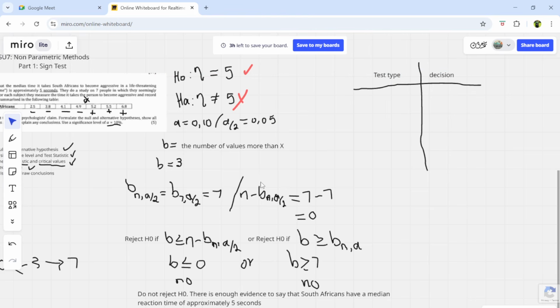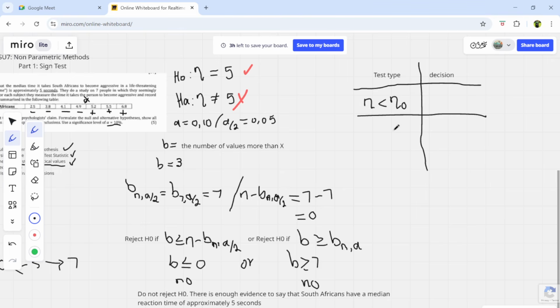Now, if you have a left-sided hypothesis, that is where your alternative hypothesis says n is less than n0. In this case, it will be n less than 5, which is the main claim.